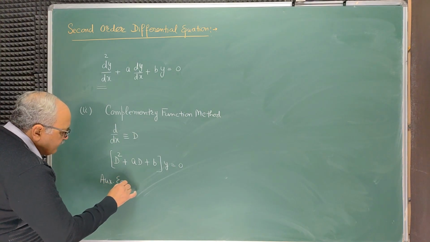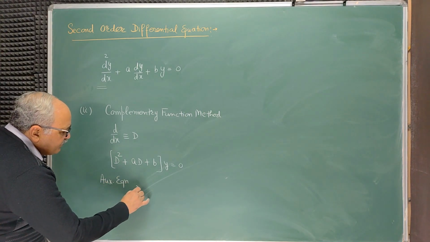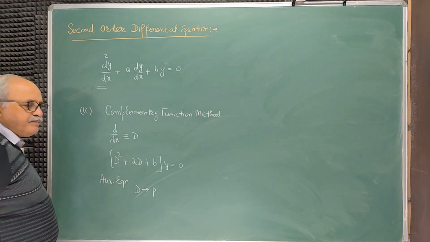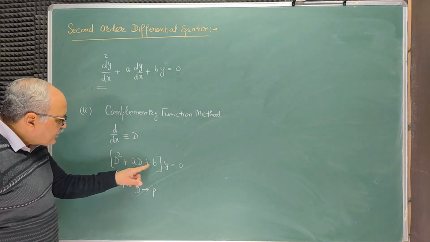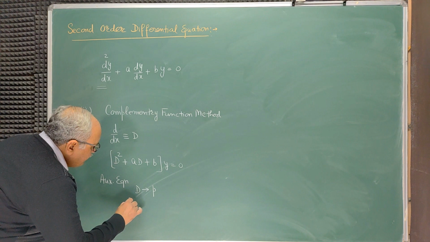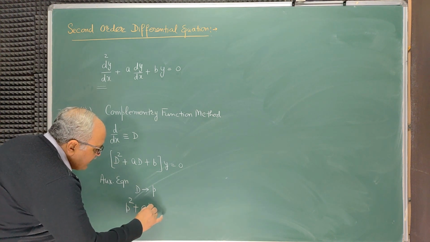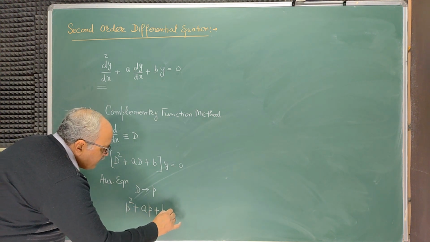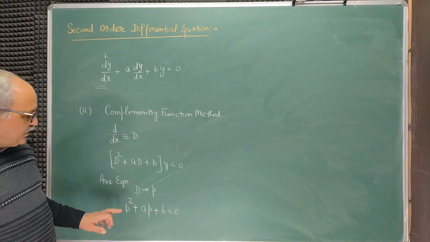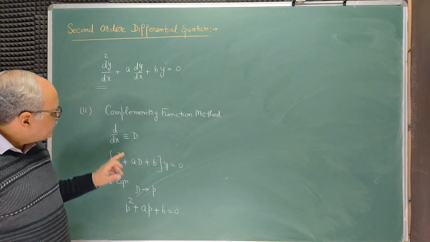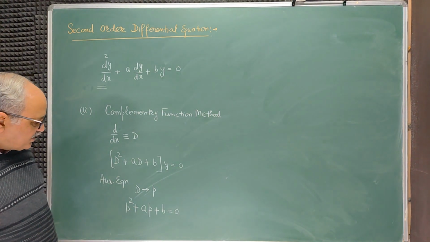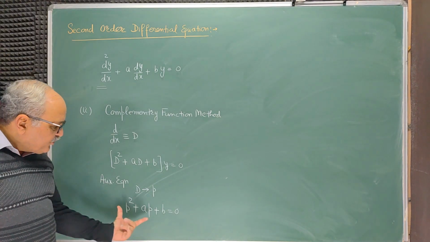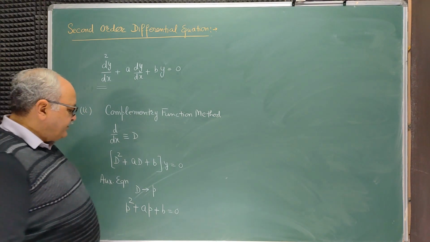There we take D as p, and this becomes p square plus ap plus b equals 0. This is the auxiliary equation of the differential equation given to you. You treat it as a quadratic equation and solve it.